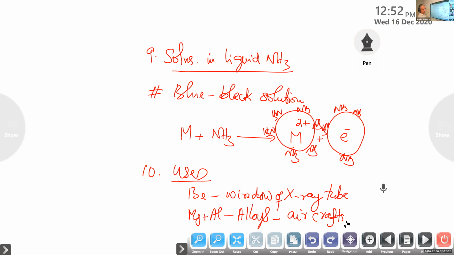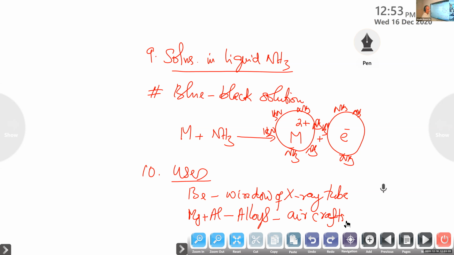Then you come to calcium and barium. Among the various uses, you just remember calcium and barium are used in vacuum tubes. In the vacuum tube, air is absorbed by calcium and barium, and vacuum is produced.